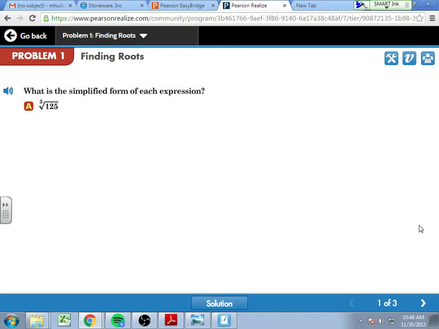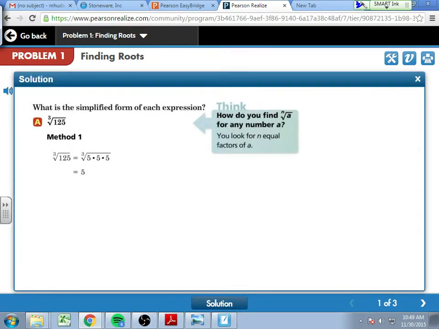All right. So when we're looking at finding the cube root of 125, Greg, it's 5, right? Because we're looking for what times itself. But now it's not always that easy.